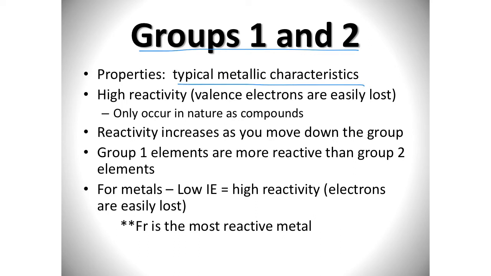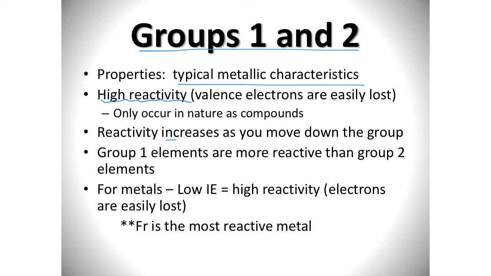So typical metal characteristics, and they have very high reactivity because they lose their valence electrons easily. So much so that they do not readily exist in the monatomic form. They do not readily exist by themselves. They exist in nature as compounds and must be extracted from compounds in order to get their pure elemental form.